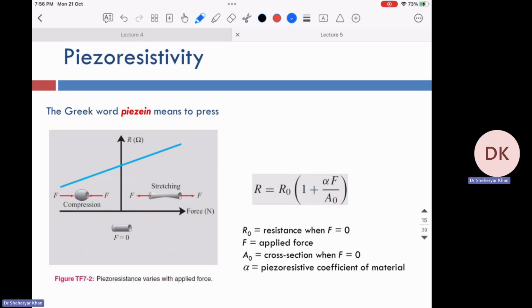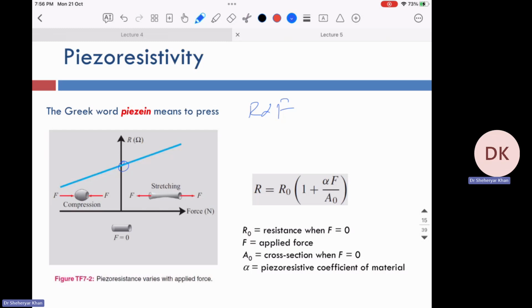Here is a piezoelectric sensor function diagram where a force can create a change in resistance. Now, if you put more force, the material stretches, and if you leave it, then the material has some fixed value, right? If you compress, the resistance decreases, right? So you can see that the resistance is directly proportional to F.